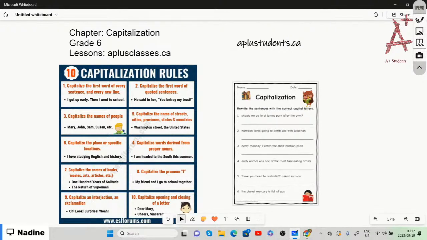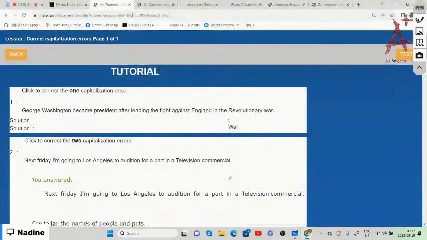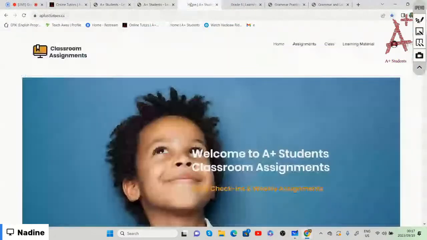All right, so now we're going to go on to aplusclasses.ca. And this is where we are going to do an activity. So we are logging into aplusclasses.ca.